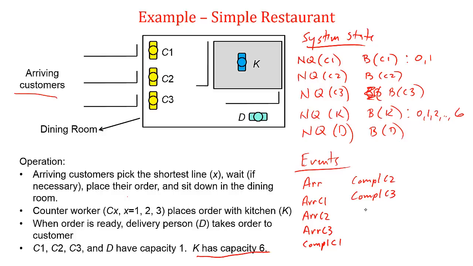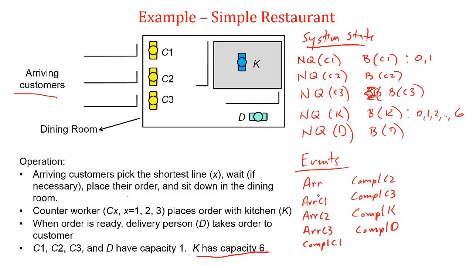I'm just going to have the corresponding completion event. So I'm going to have a completion K. Similarly, I'm going to have a completion D for delivery. And so we have the events arriving to the system, arriving to one of the cashiers, completing on one of the cashiers, completing at the kitchen, and finally completing at the delivery person.